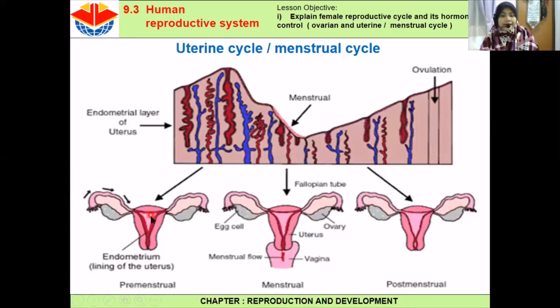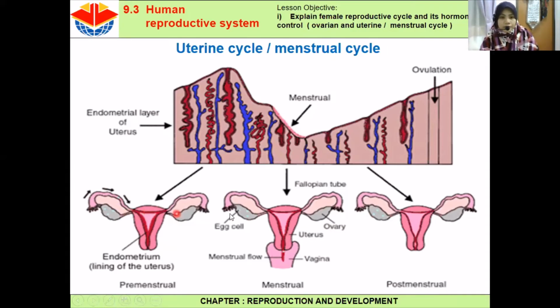So ini keadaan untuk menggambarkan tentang endometrium wall di uterus. So ini adalah uterus, ini ovary, tempat di mana secondary oocyte dihasilkan, dilepaskan ke fallopian tube dan akan bergerak pergi ke uterus. So inilah endometrium wall. Okay, lining of the uterus is the endometrium wall.